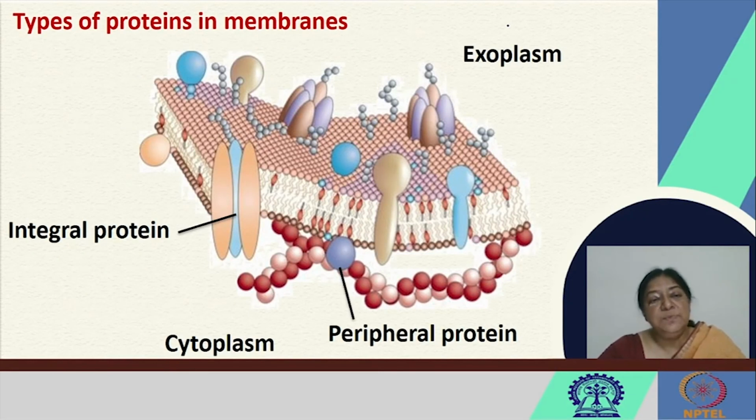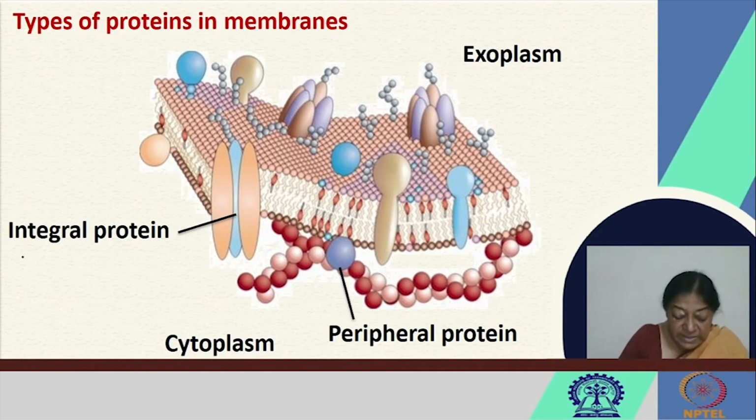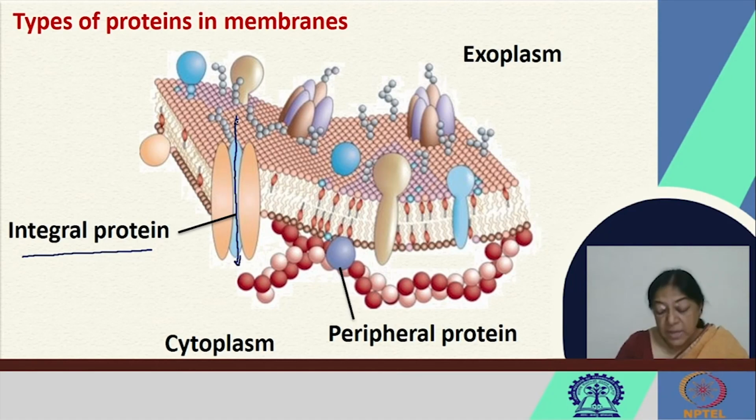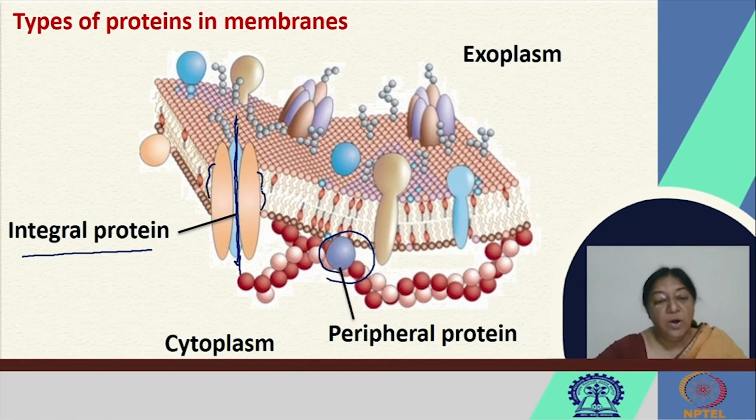If we look at the types of proteins in the membrane, there are two types. One is the integral protein that traverses the membrane. The other is a peripheral protein that is on the surface connected with the lipid. So it has a protein lipid interaction, and this is traversing the membrane in a sense where the protein lipid interactions are on the surface of this specific protein.